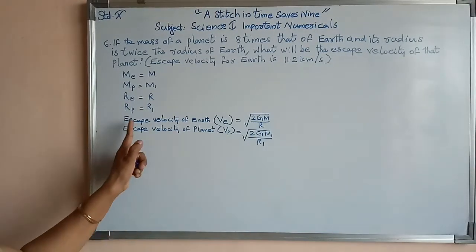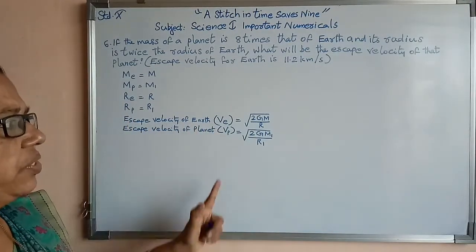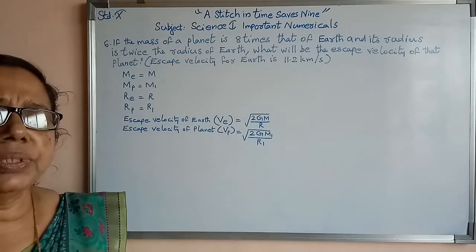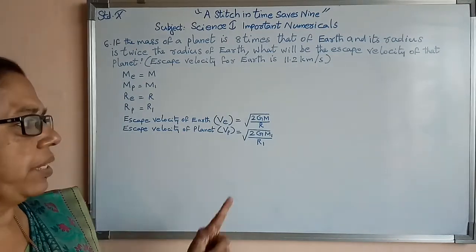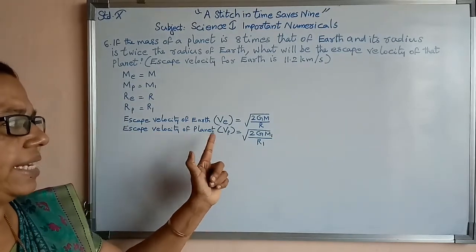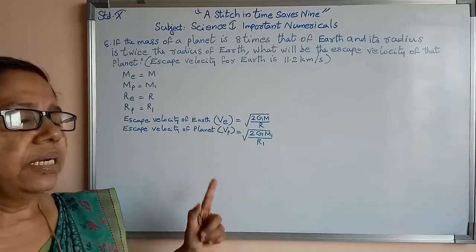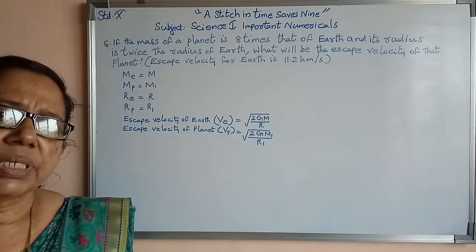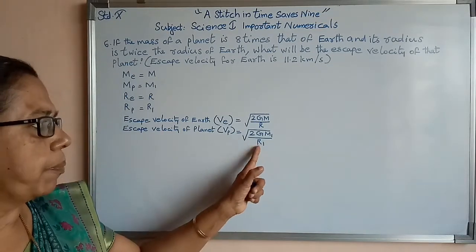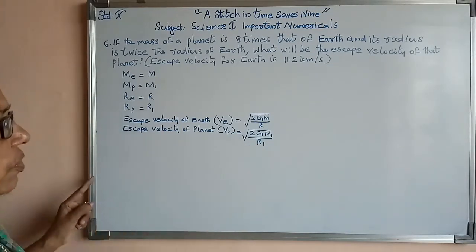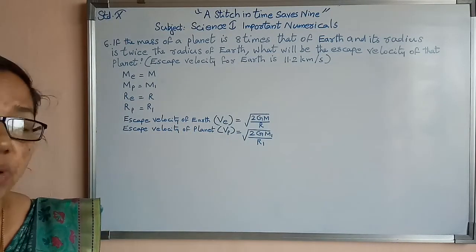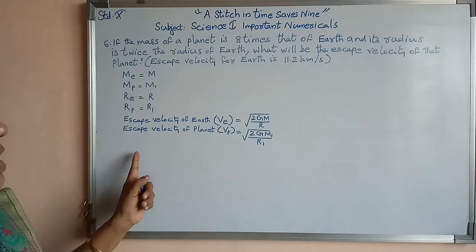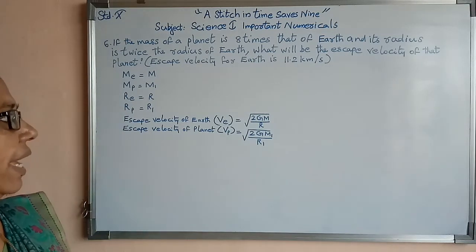So here escape velocity of Earth Ve is equal to square root of 2GM upon R, and escape velocity of planet Vp is equal to square root of 2GM1 upon R1. Now we will apply the values and we will find the ratio of both of them for finding escape velocity of planet.